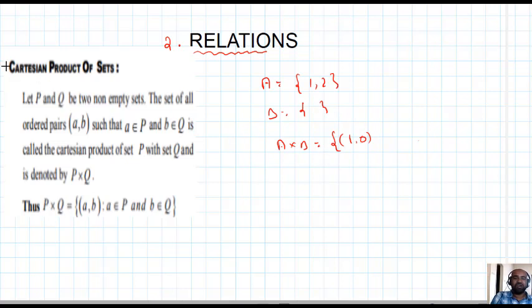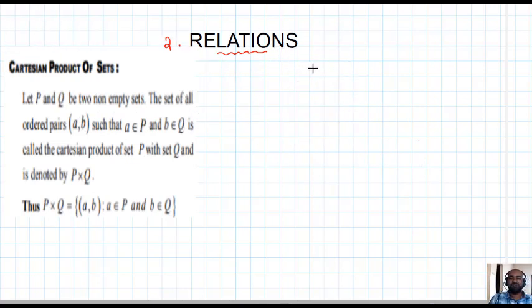So you can't create an ordered pair here. That means A cross B is also an empty set only. So you can write note 2 as: if any one of A and B or both are empty, then A cross B is also empty. Okay, this is one thing.